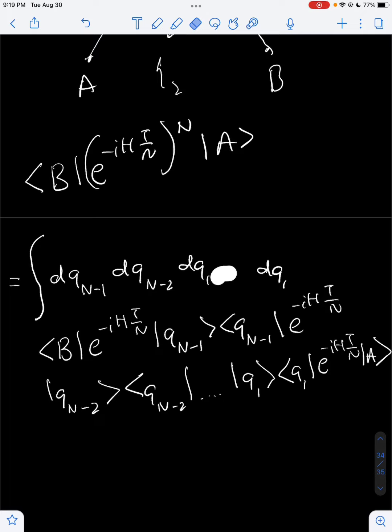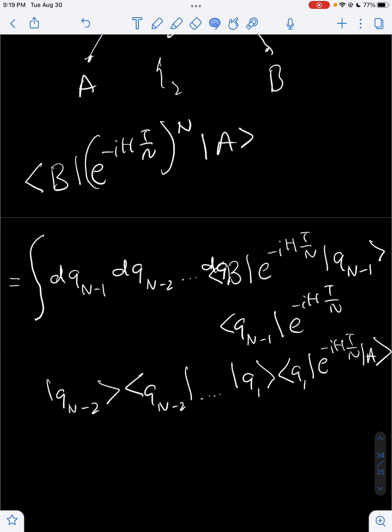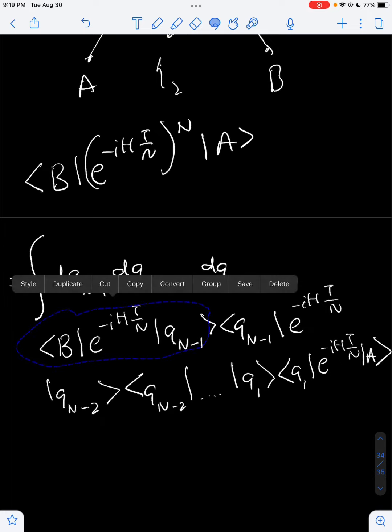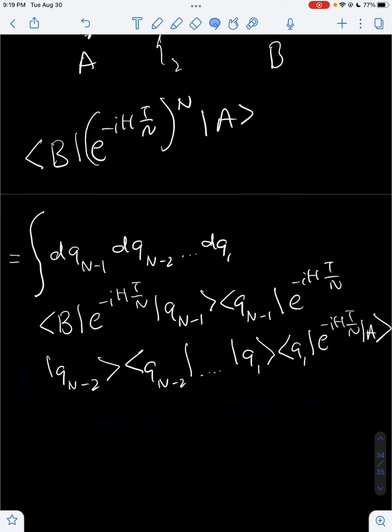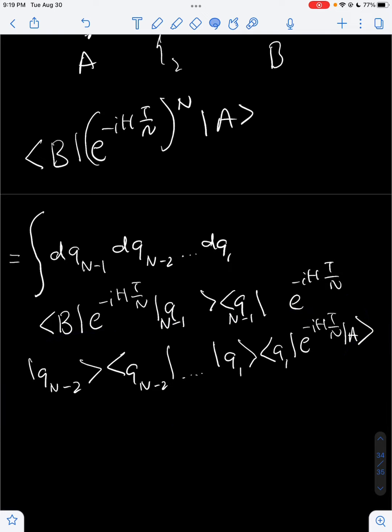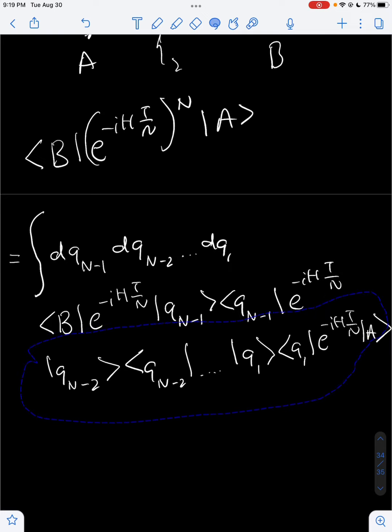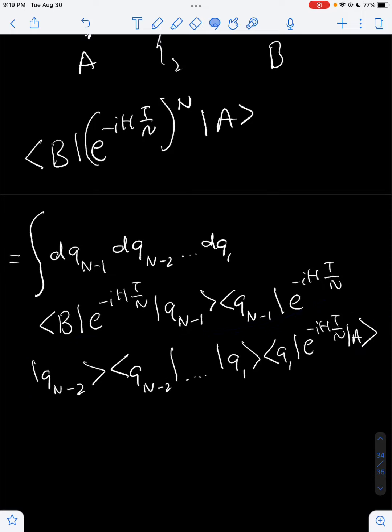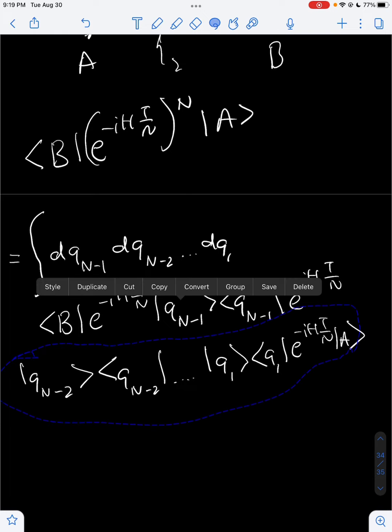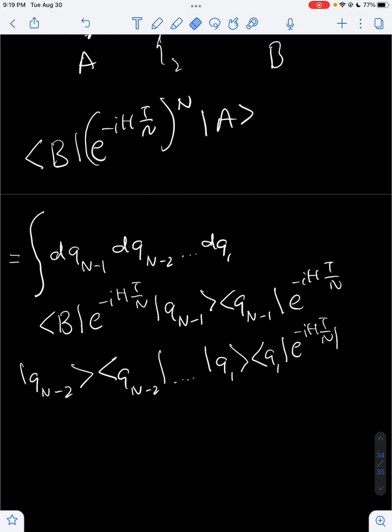So we're going to erase this part, n minus 2 dot dot dot up to q1, and that should provide some more space for us. Hopefully. Nope, does not provide enough space for us. But yeah, this is how we generalize what we just said. I hate it when that happens. You have to get just these guys. Here we go. That's the generalization of what we just said for some number n.